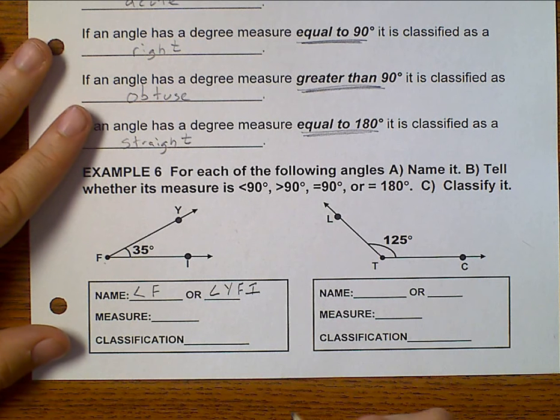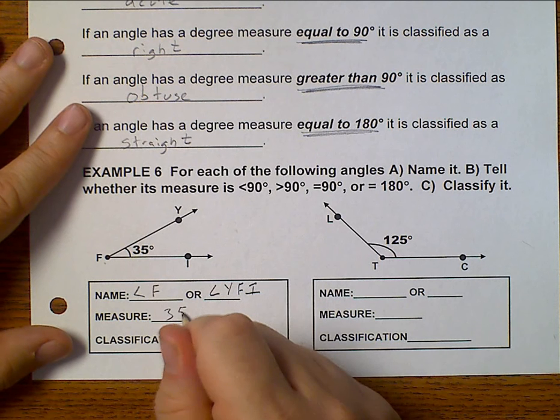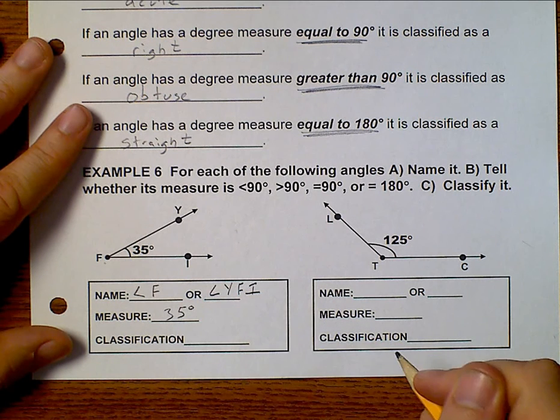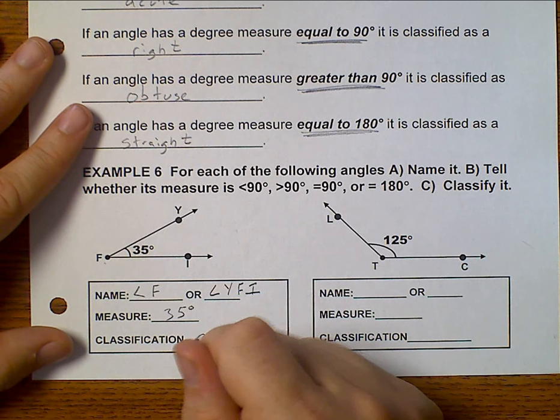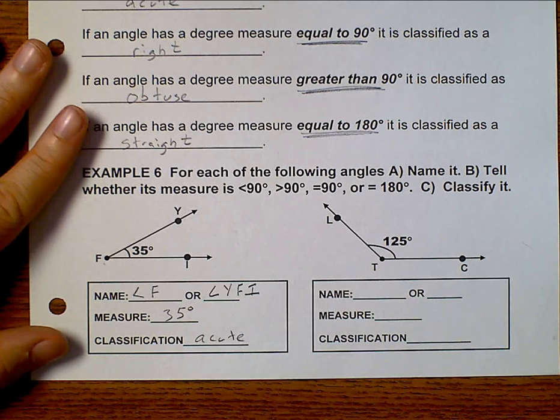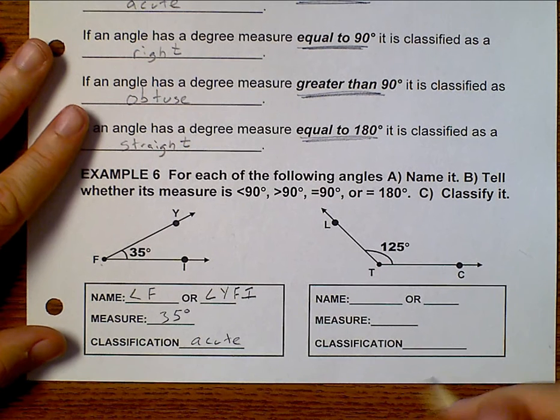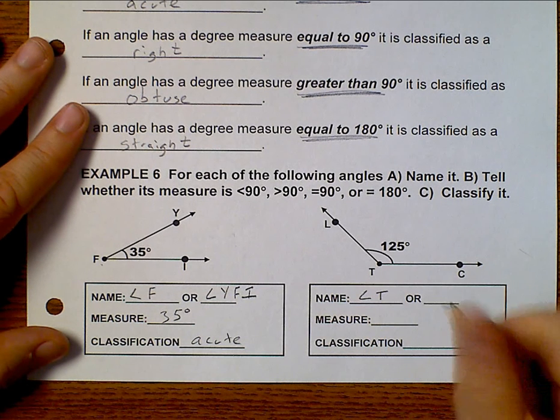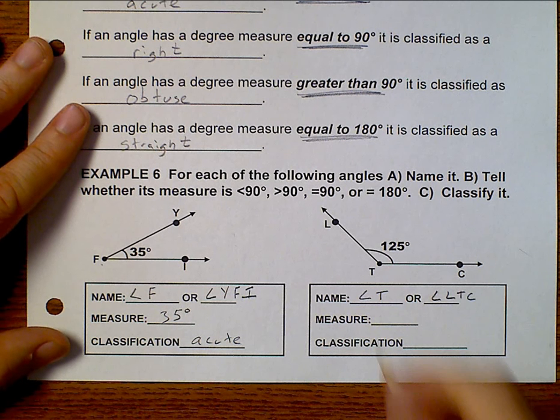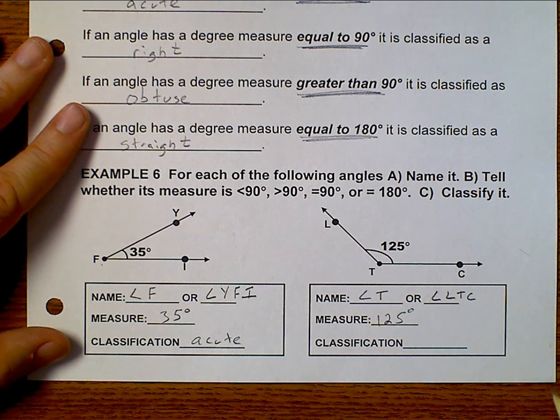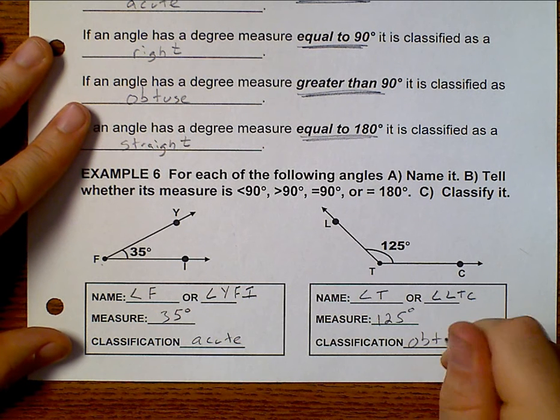Its measure is 35 degrees, which is less than 90, so it would be acute. Here we have angle T, or we could call it angle LTC, which measures 125 degrees, which is greater than 90, making it obtuse.